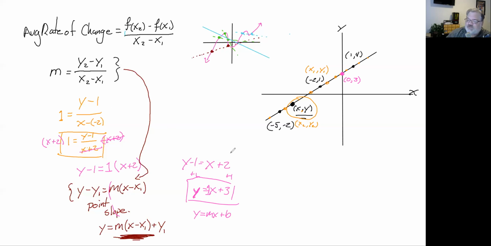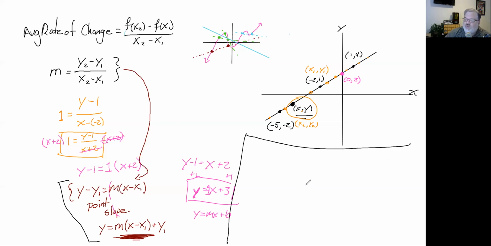So one of the things that this point slope form is really useful for is building the equation of a line when we have a couple of points.